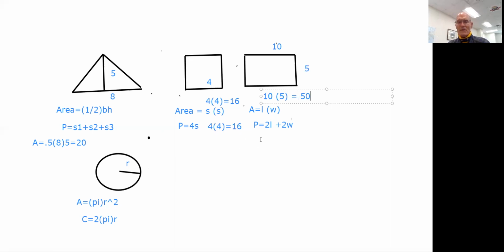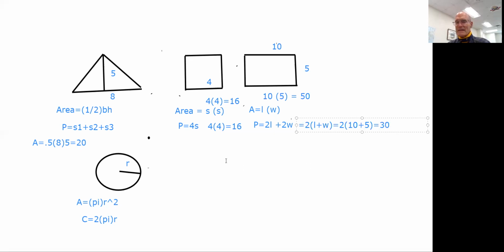And then for the perimeter, I can do perimeter equals 2 parentheses L plus W. So the perimeter equals 2 parentheses 10 plus 5. So it's twice 15, which is 30.